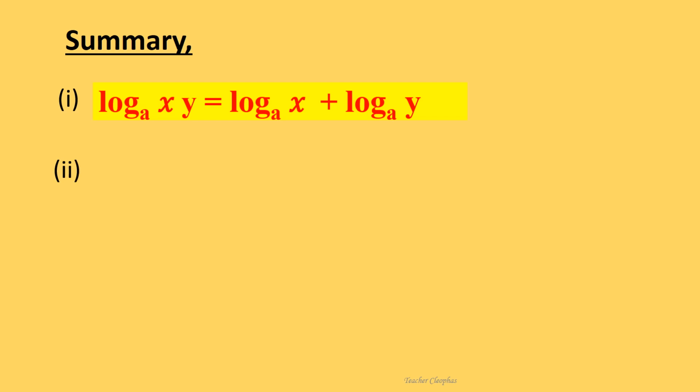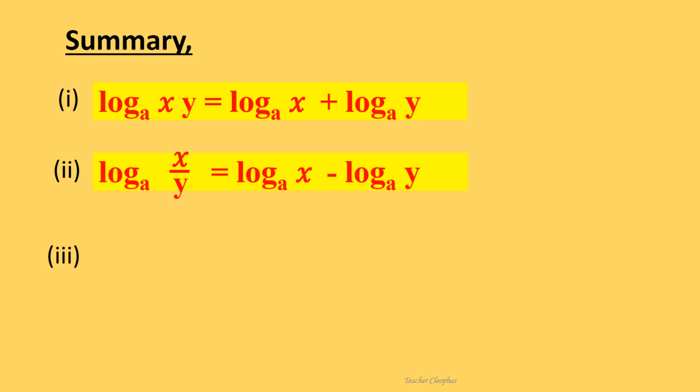Number 2, logarithm of any number divided by another one equals the difference between the individual logarithms of the numbers. That is to say, logarithm of x over y to base a equals logarithm of x to base a minus logarithm of y to base a.